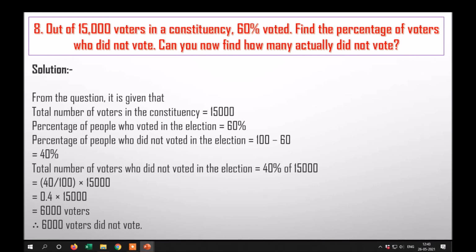Percentage of people who have voted in the election 60%. So the percentage of people who not voted is 100 minus 60, that is 40%. So total number of voters who did not vote in the election is 40% of 15,000. So 40 upon 100 into 15,000, that is 0.4 into 15,000, that is 6,000 voters did not vote.